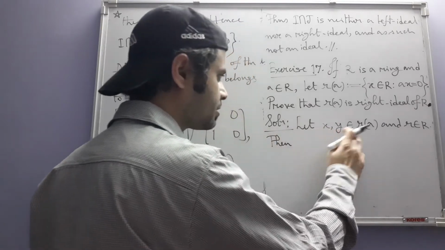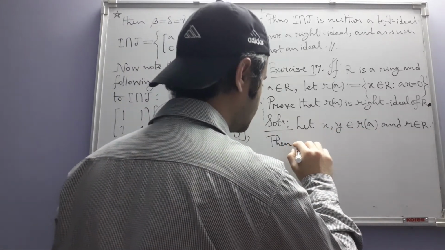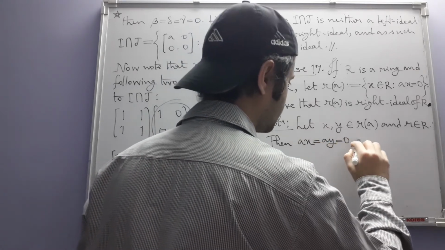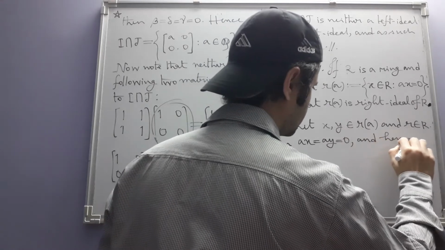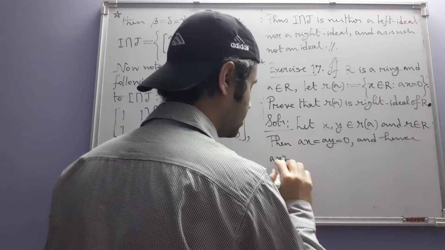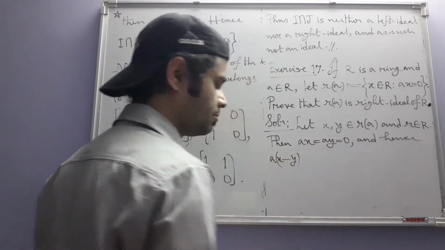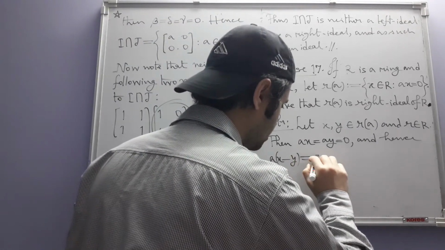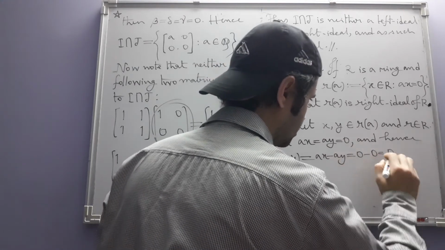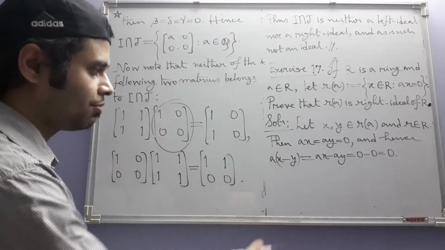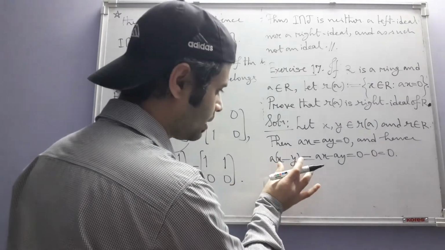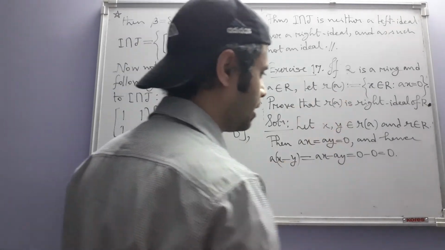Then since X and Y belong to RA, AX and AY are both 0, and hence A times X minus Y is AX minus AY, which is 0 minus 0 is equal to 0. So if I multiply A from the right by X minus Y, that product is also 0, and as such X minus Y belongs to RA.